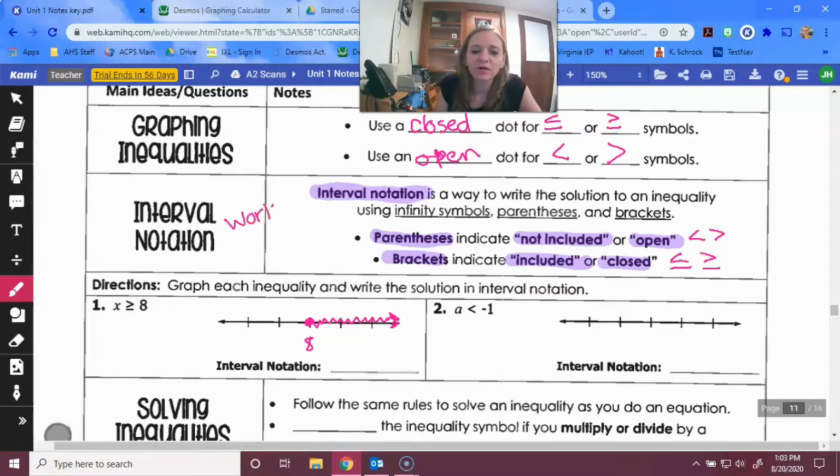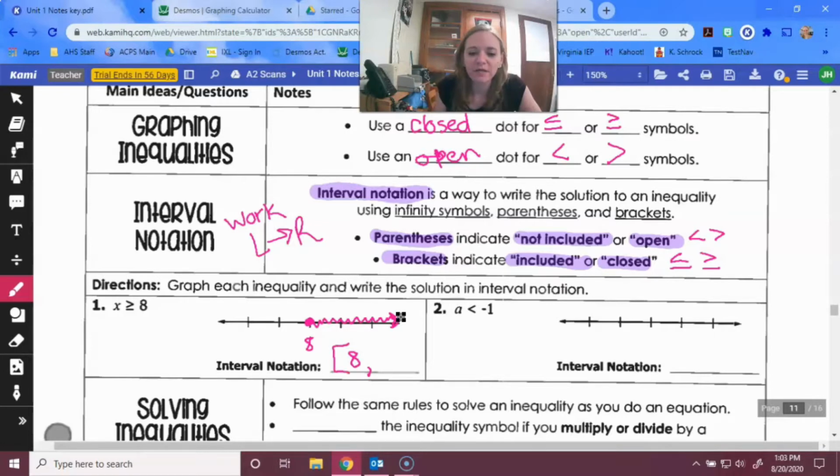To write this in interval notation, you always work left to right. The left of your graph is where you start, and you first look for the first thing you come to. The first thing we come to in this problem is the dot at 8. Like I said, it looks like a coordinate, so we have the 8, and then we decide, based on the dot, whether it is an open parenthesis or a closed bracket. It is closed, so we put a bracket.